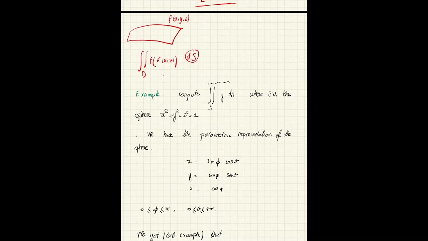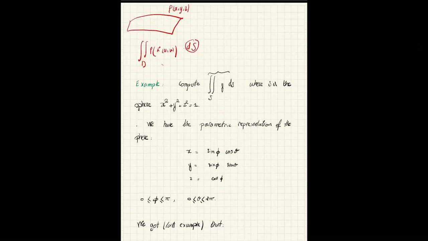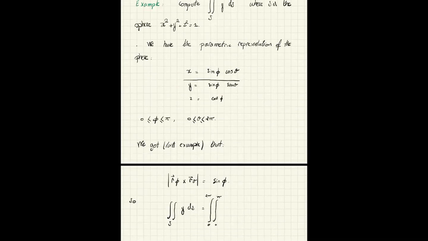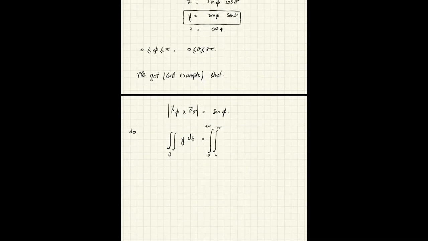On the surface, y is equal to, because we are parameterizing with phi and theta, for some phi and theta, y is equal to sine phi sine theta, times the norm of r phi cross r theta, dA, right?